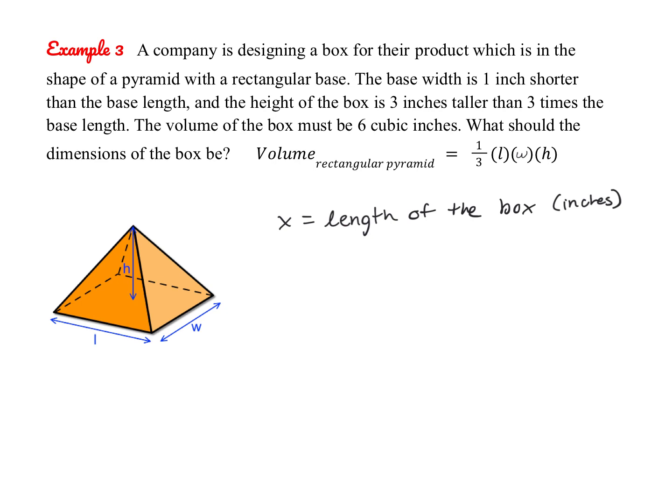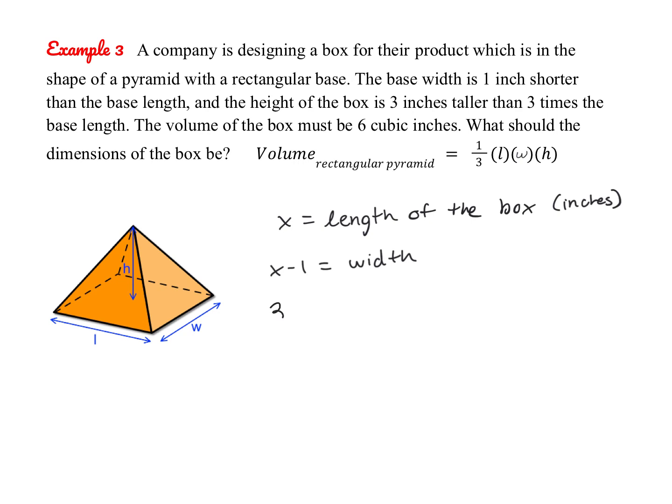So this says the base width is 1 inch shorter than the base length. That means that we can define the width as x minus 1. So this is the width of the base, so this dimension right here. And then it says the height of the box is 3 inches taller than 3 times the base length.